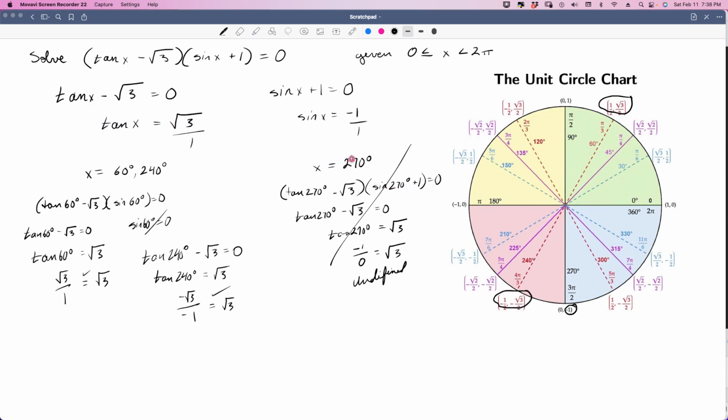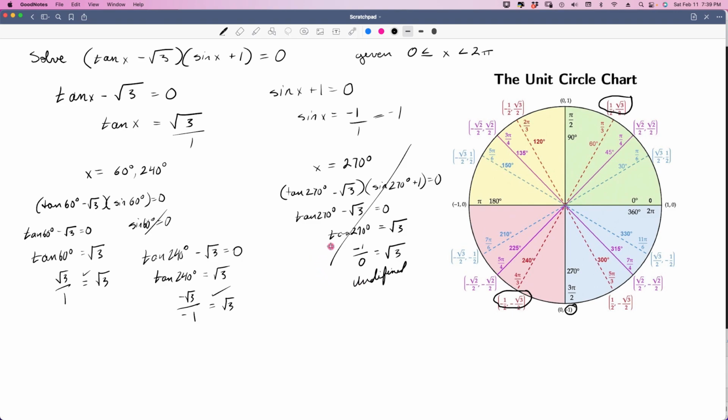So x is equal to 270 degrees because negative 1 over 1, which is what you would get if you subtracted 1 from both sides, we would look around for the opposite over the adjacent. That would just equal negative 1, right? So we would look for the sine of negative 1, which would be at 270 degrees.